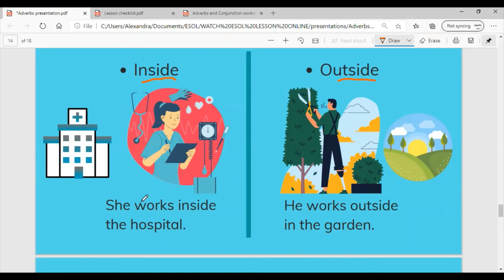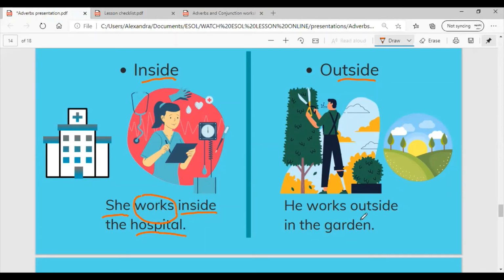We know that she is our noun and hospital is our place. We know that works is our verb, as that is what she is doing. And to find out where she is working, the adverb inside tells us where she is. She works inside the hospital, not behind it, not in front of it.